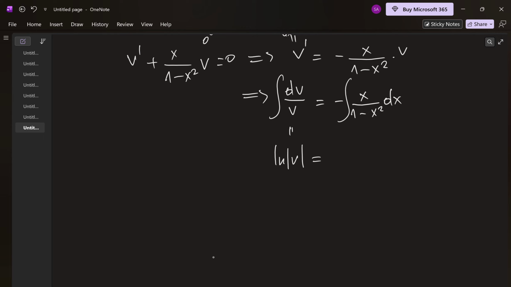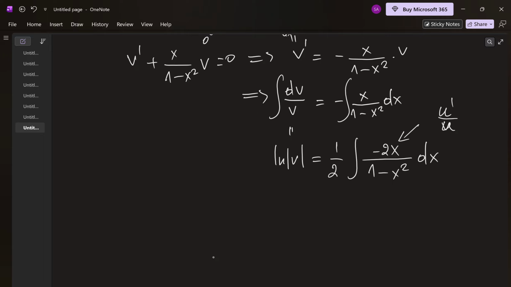here we multiply and divide by 2. So we get 1 over 2 the integral of minus 2x over 1 minus x squared dx. This is actually in the form of u prime over u.